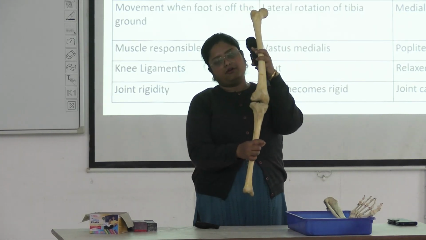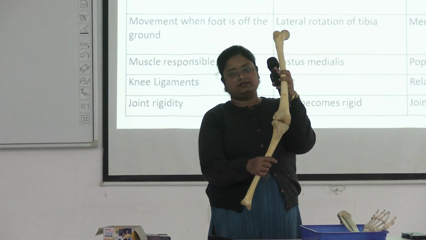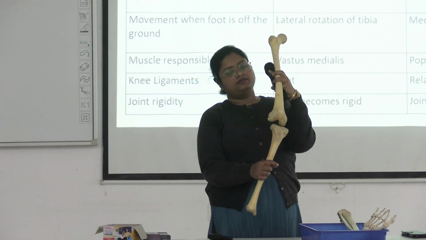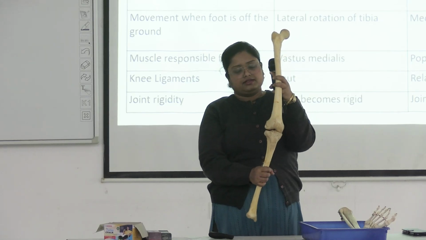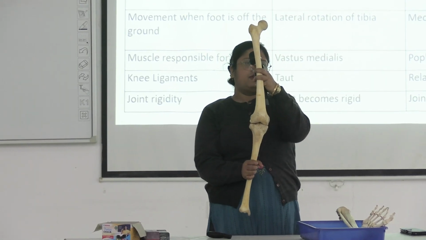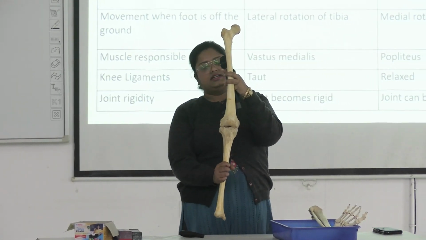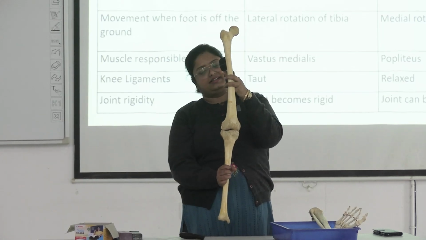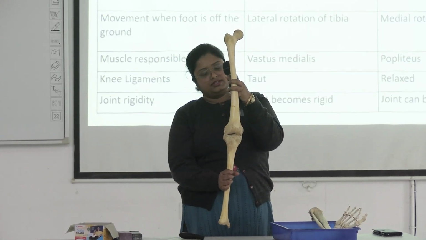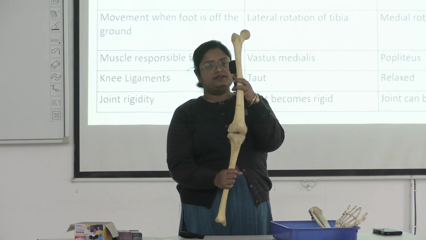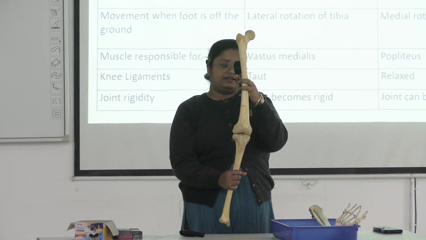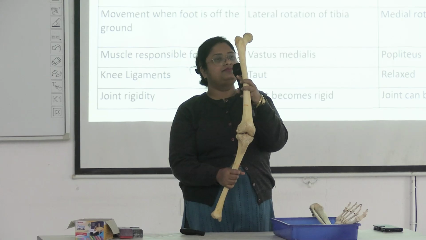And when the foot is off the ground like this, the tibia is free floating and the femur is fixed, the patient is sitting over the buttock. Okay, then in case of locking, when there is extension, the tibia is rotating laterally. So this will be the locking, and during flexion the tibia first rotates medially and then there will be the flexion.